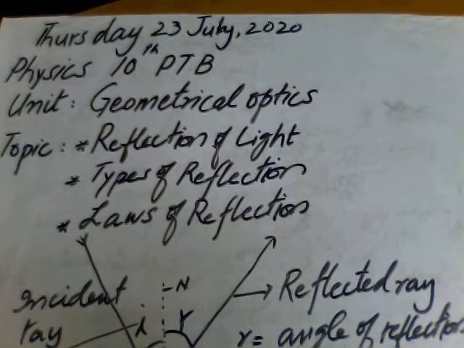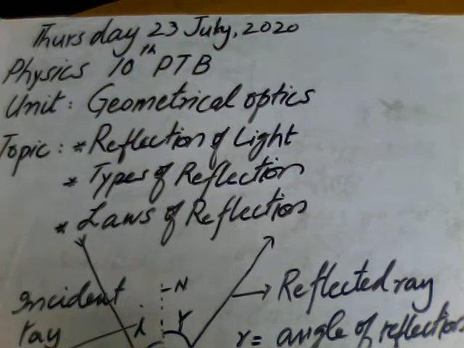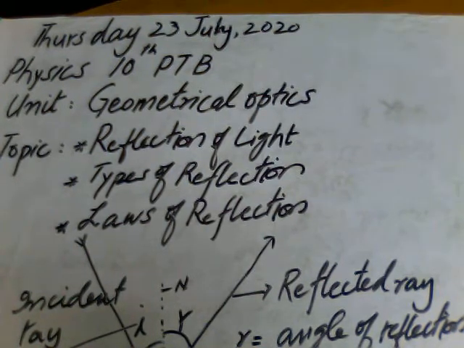How does light reflect by the spherical mirror, and then how does the light refract from lenses, and then different uses of these reflection and refraction in our life.